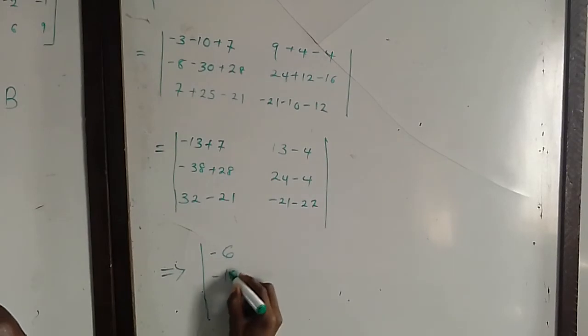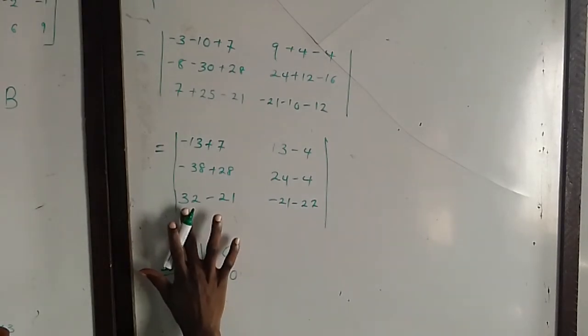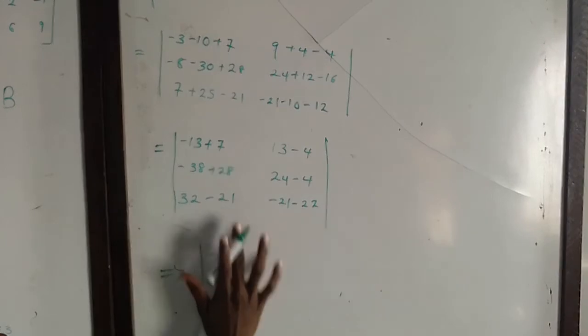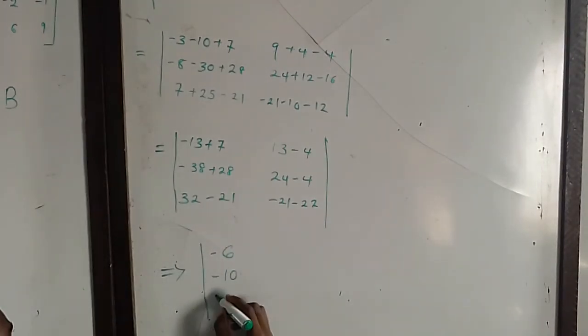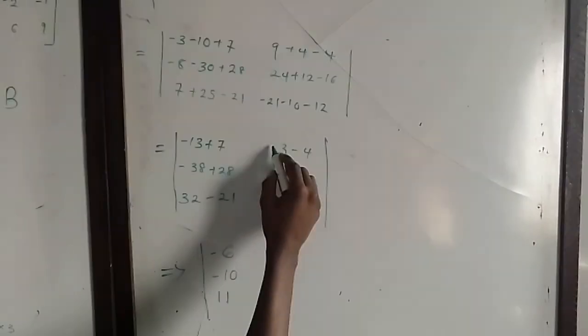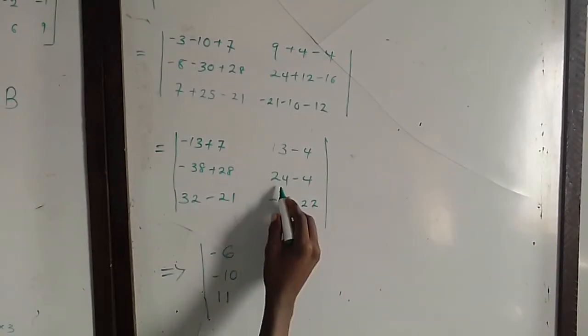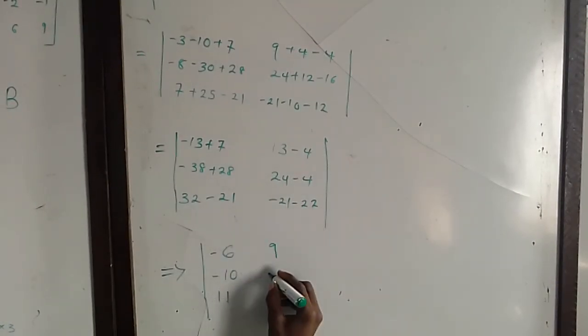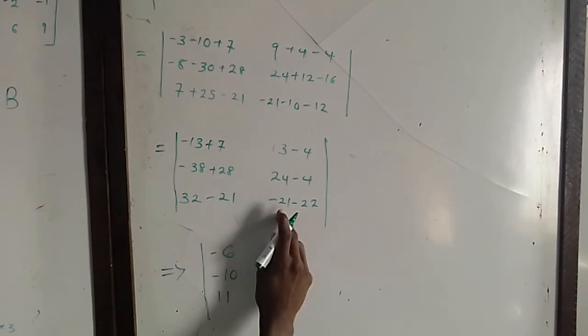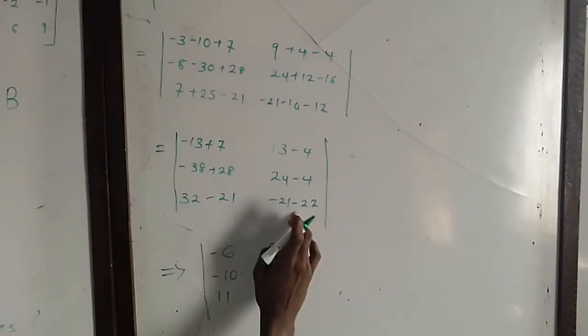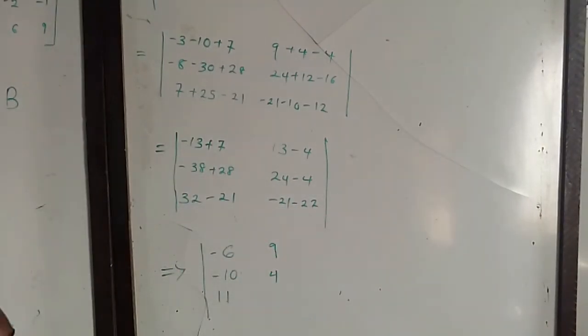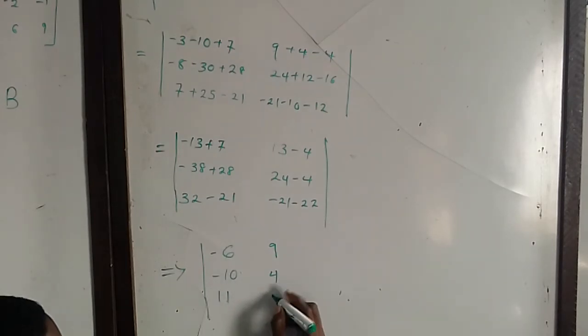Minus 10. Then 32 minus 21 will give you 11. Then 13 minus 4 will give you 9. Then 24 minus 4 will give you 4. Then minus 21 minus 22 will give you minus 43.